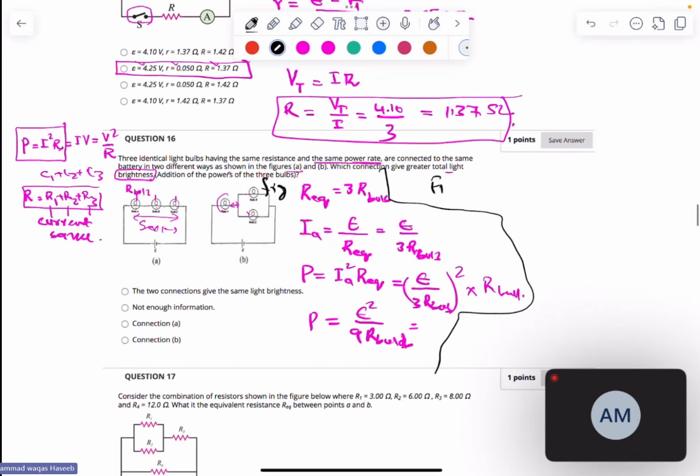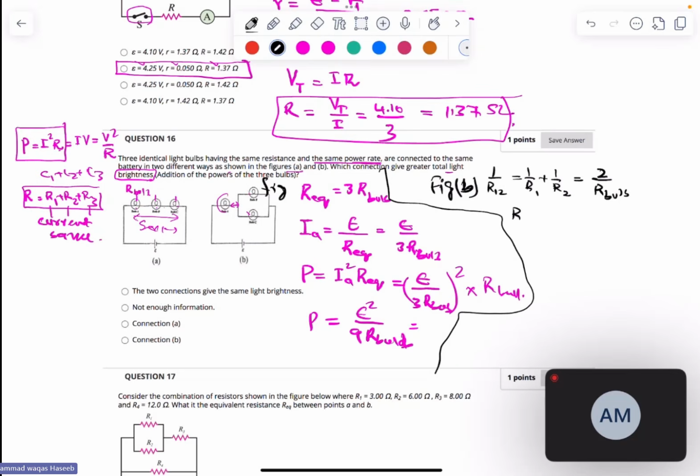Now for figure 2, or figure B, these two are in parallel. So we need to add the resistance in parallel. It will be like this: 1 over R12 is 1 over R1 plus 1 over R2. It will be 2 over R bulb.